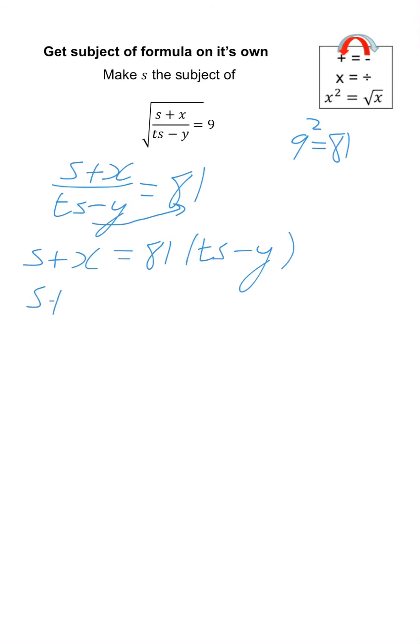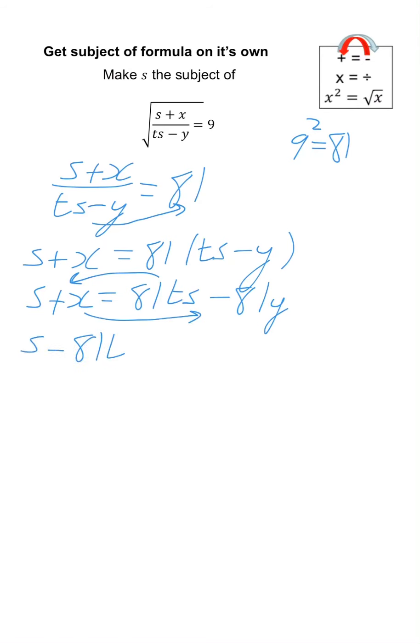So we still have s plus x equals now 81ts minus 81y. It's s we need to make the subject of the formula, so let's bring all the s's to one side. So I'll bring this one over here and the x over to the right. So s minus 81ts is equal to minus 81y minus x.